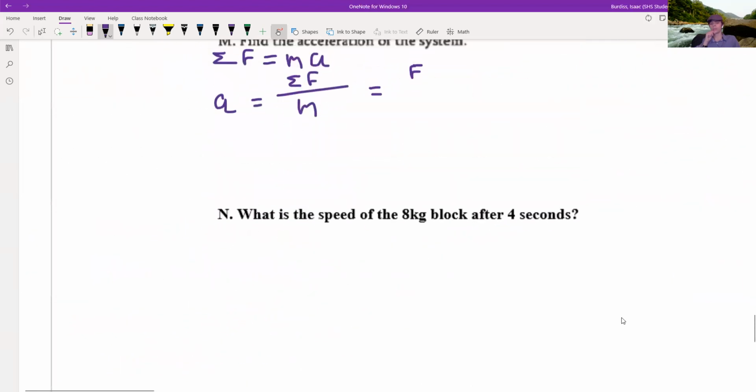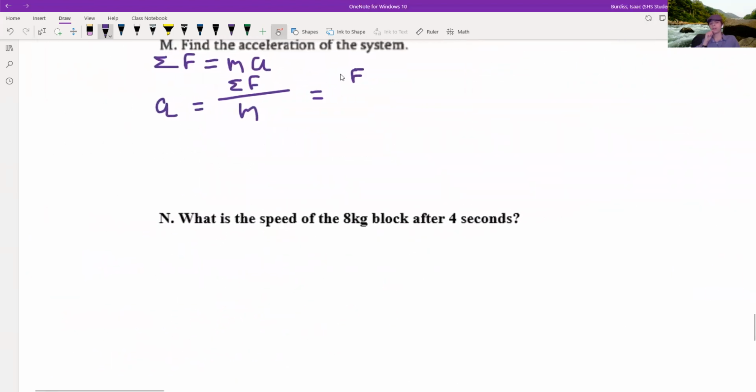So, all right, we have negative FG1 plus positive FT1, plus positive FG2 minus FT2, divided by m.